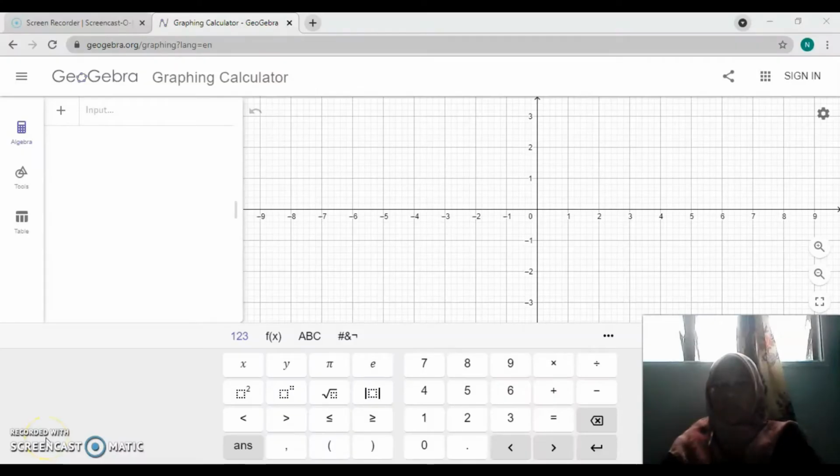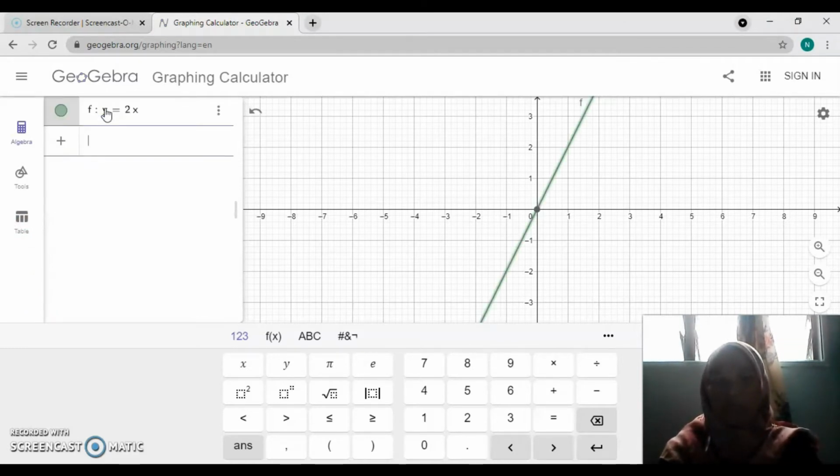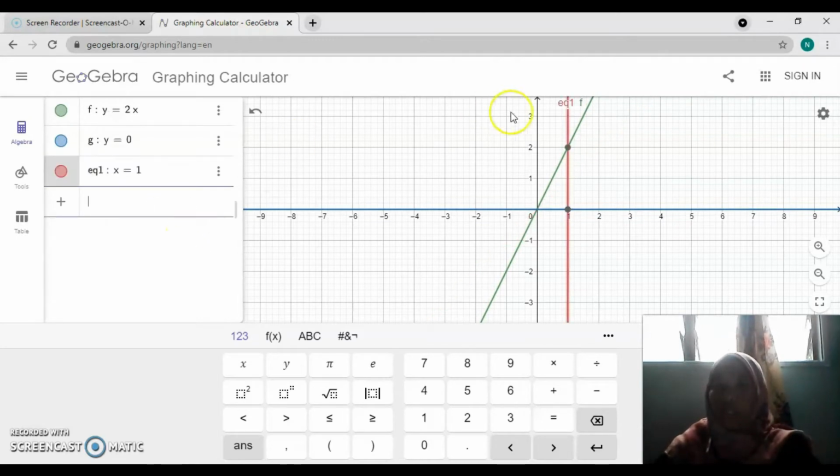For the sketching, we can use the online graphing calculator, and this one is from GeoGebra. So input the equations y equals 2x, y equals 0 and x equals 1, and we get this graph.